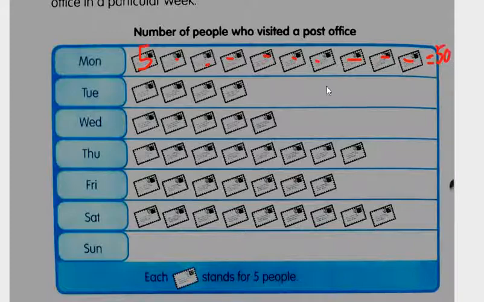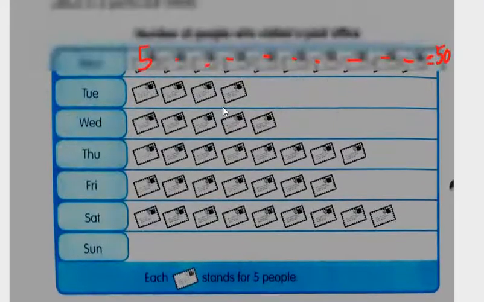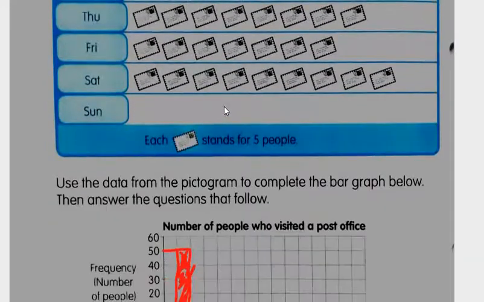So we have 50 for Monday, and how to draw the bar? This is 50, okay. Then this is the bar for Monday. Do it for the other days, just like what I did.